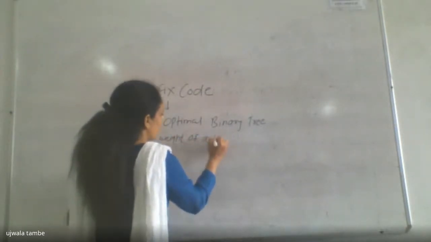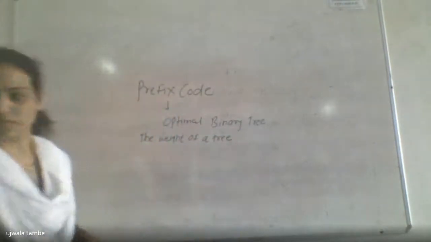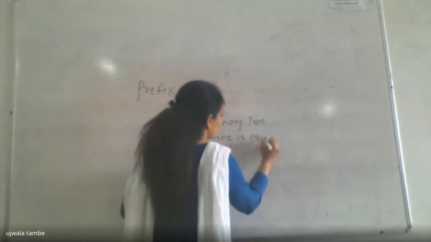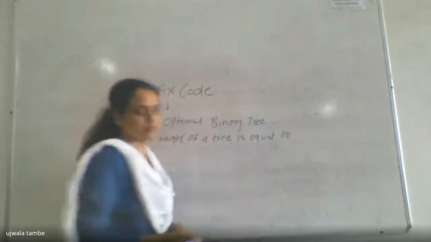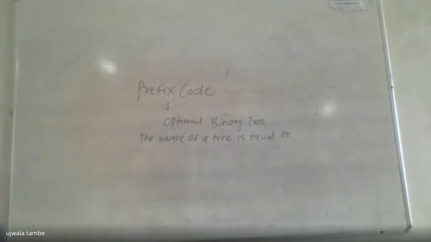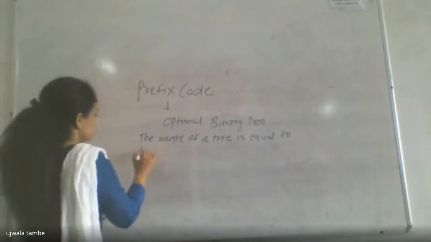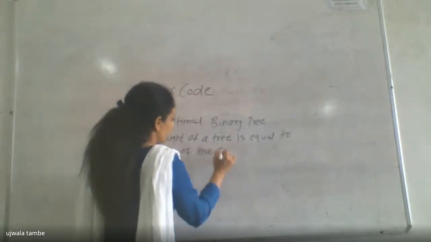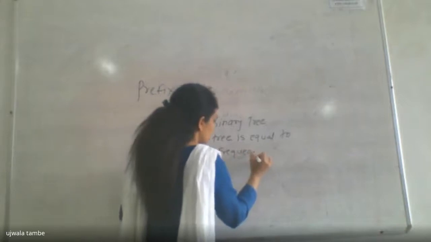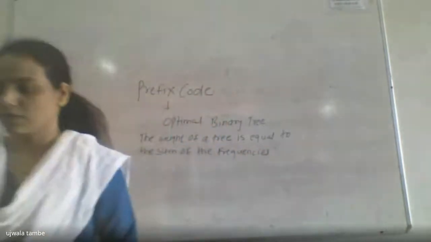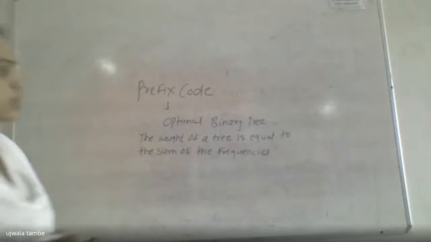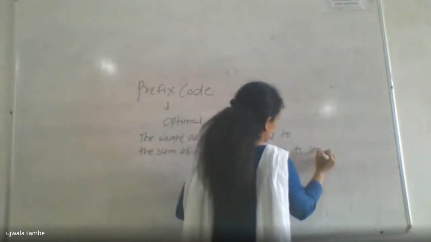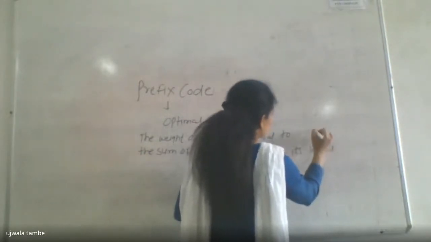The weight of a tree is equal to the sum of the frequencies of its leaves. Again, leaves means the nodes.